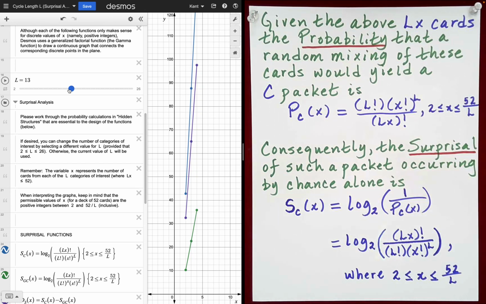In the next video dedicated to finding Surprisal values for Gilbreath performances, we're going to be working with perhaps the most famous deck structure of all time. It's called Cy Stebbins.